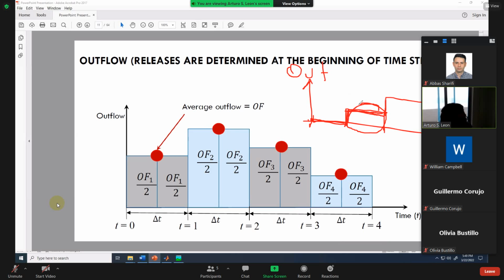You are only changing every hour. Therefore, the outflow will be more or less constant. This is why we have this. It's constant here, because this is during the first hour, during the second hour, during the third hour, during the fourth hour, and so on.